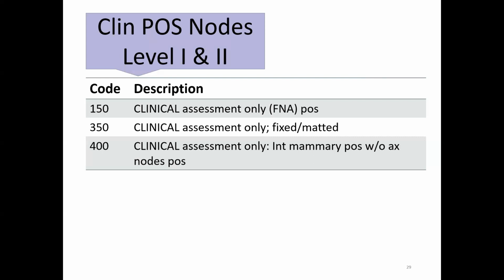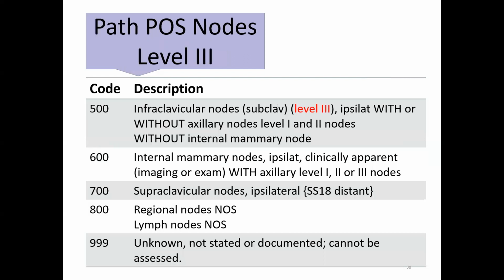Look at codes here on this slide. These are clinically positive lymph nodes. These are all considered positive. These would be some stage regional. Code 500 begins the level 3 nodes. So this group of codes is for pathologically positive lymph nodes.